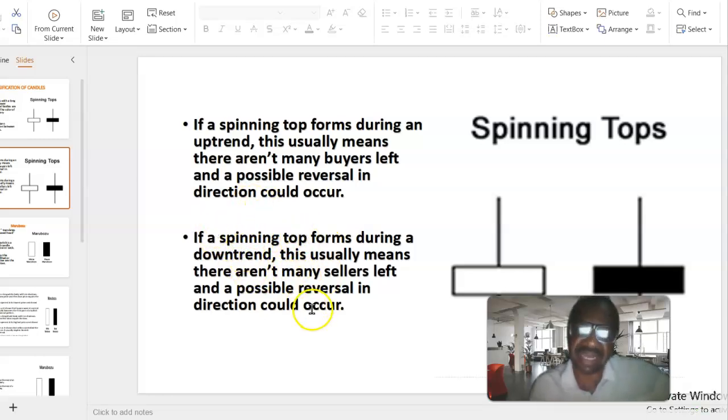Let's say you're selling and price is dropping, you're in profit, and you see a spinning top. You need to pause, you need to take profit, and watch out what plays out next. That is how to use a spinning top. Now let's go to the next one.